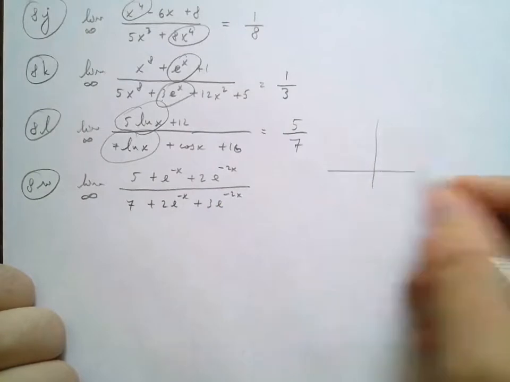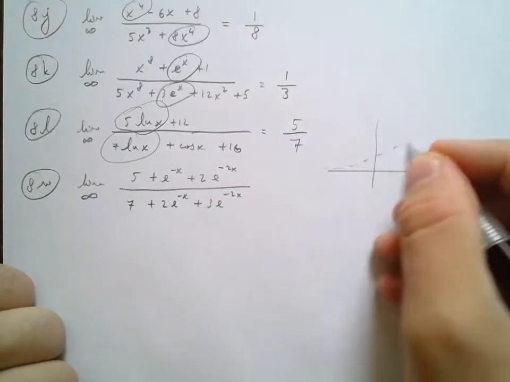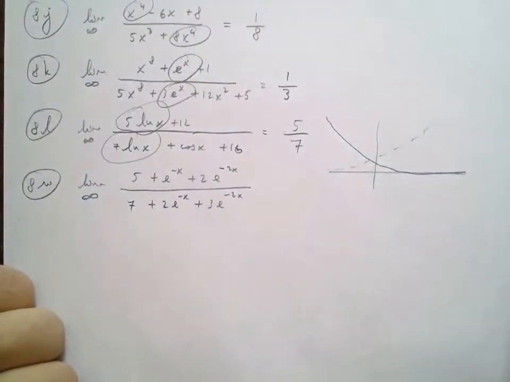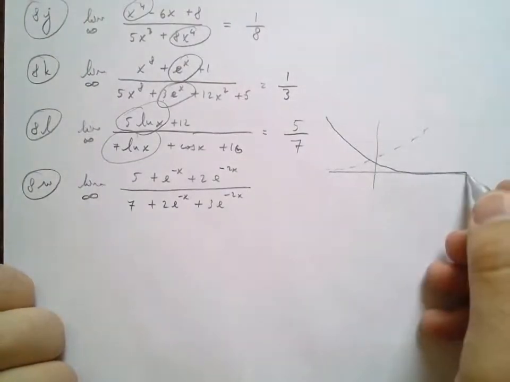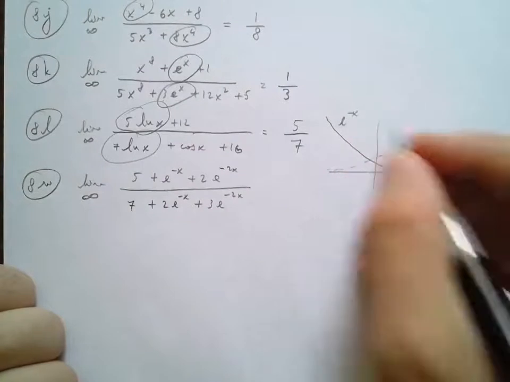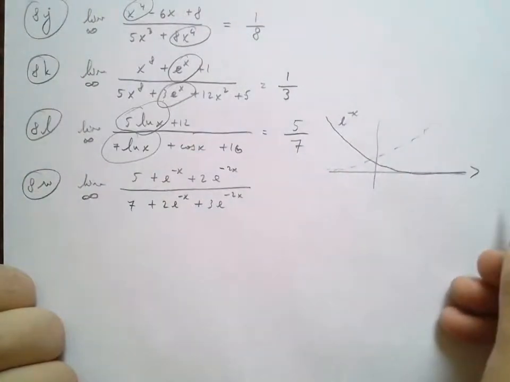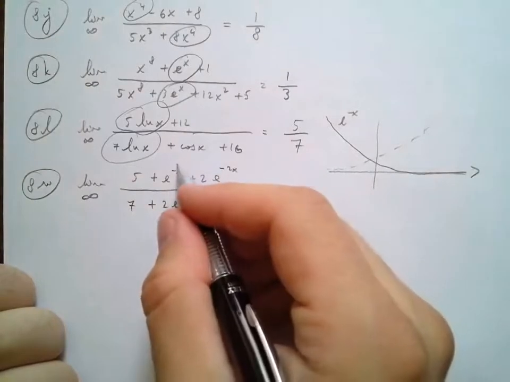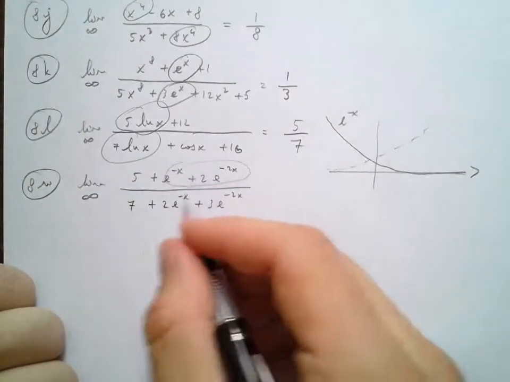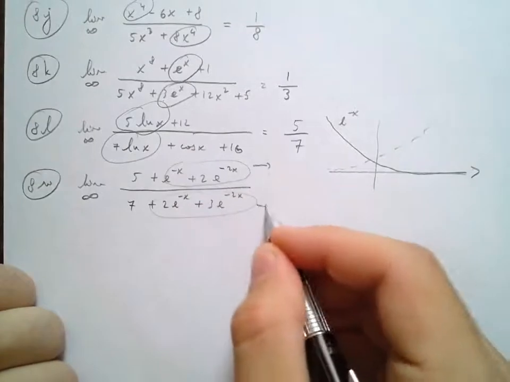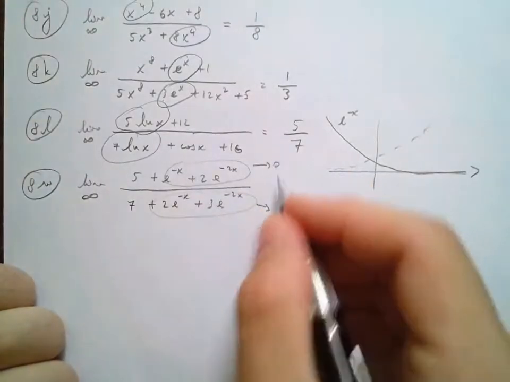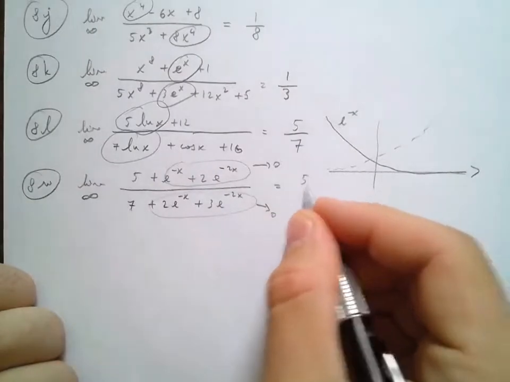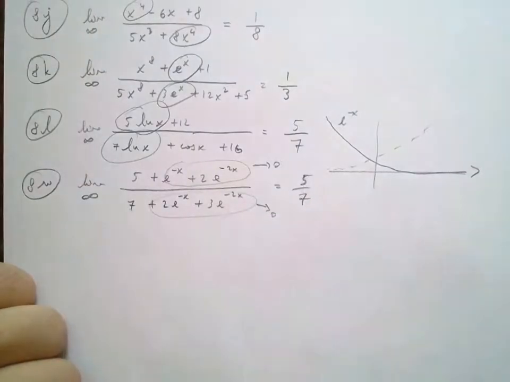Now, if e to the x has the following graph, e to the negative x is going to look like this. So as x approaches infinity, e to the negative x approaches 0. Therefore, everything here and here goes to 0 as x goes to infinity, and what you're left with is just the 5/7, the constant terms.